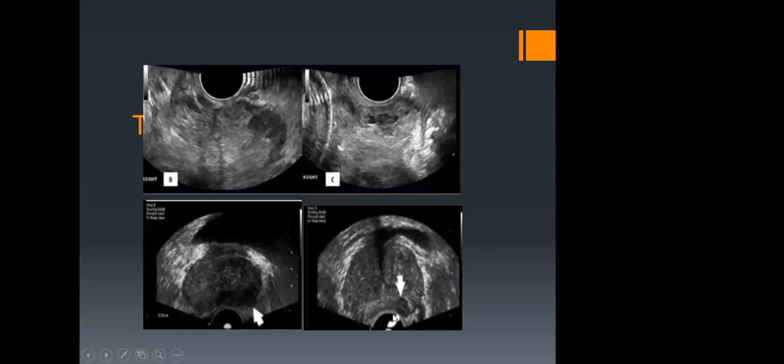Just imagine from the probe here, immediately you go to the lesion. Other than using the anterior approach, you're going to have to go through the bladder and the anterior abdominal wall. You're going to go through some of these other zones. There is more tissue traumatized than when you go transrectal.